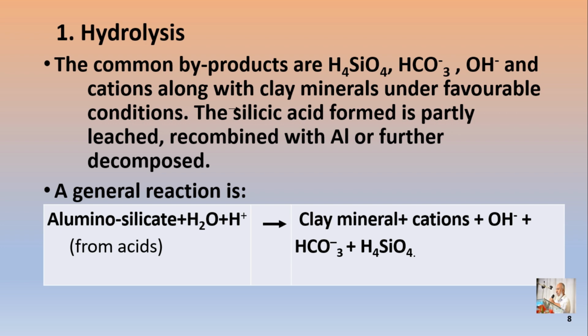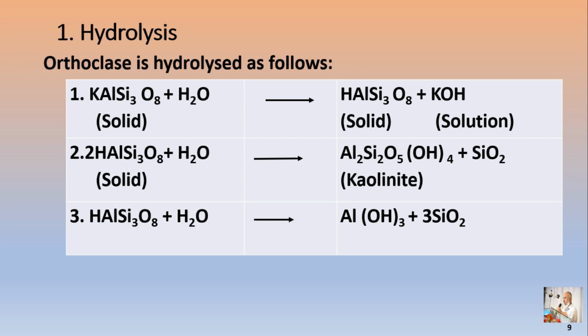A general reaction is given here. You can see that aluminosilicates plus water produces clay minerals, cations, OH, sulfuric acid, and bicarbonates.